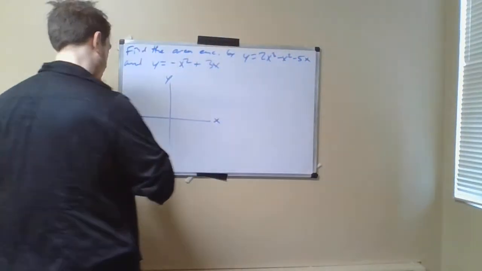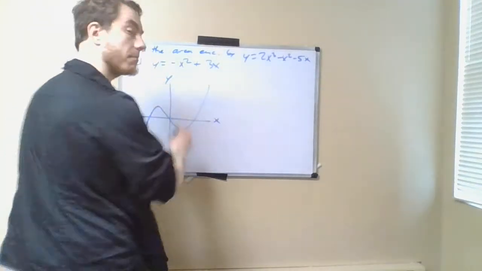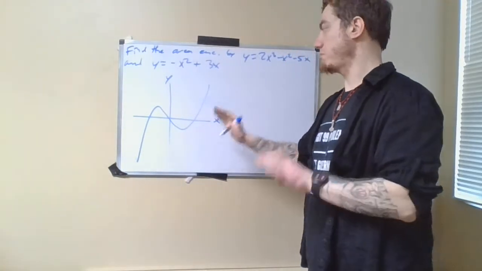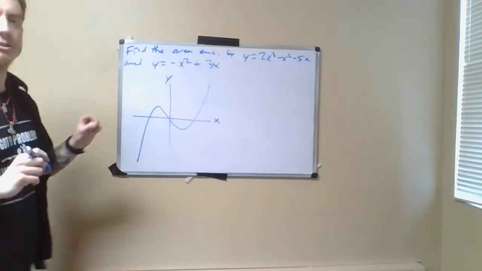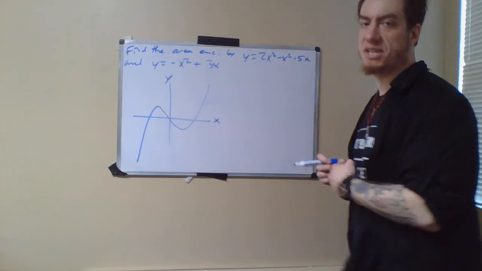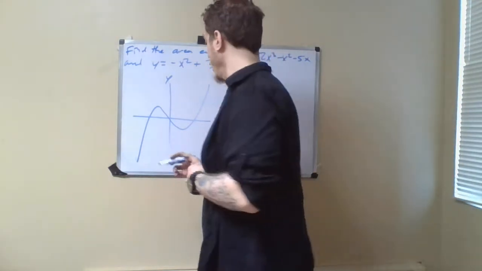But for the x cubed one, you get something that looks sort of like this. It comes up, it comes down, it goes back up again. I am not making this precise at all, so please don't think that this is an exact picture of what this looks like. We don't need exact. What we need is a rough sketch of what we kind of think should be going on here.